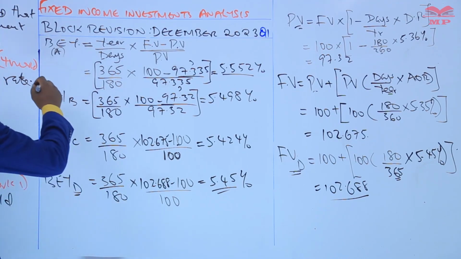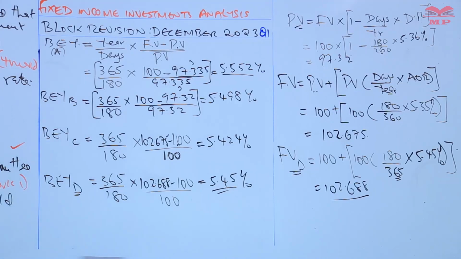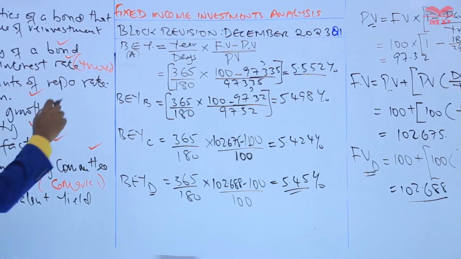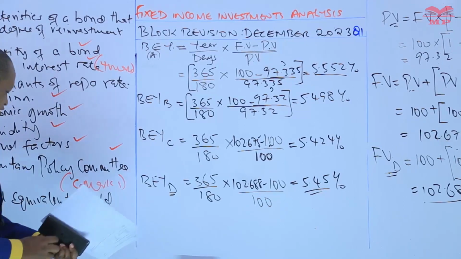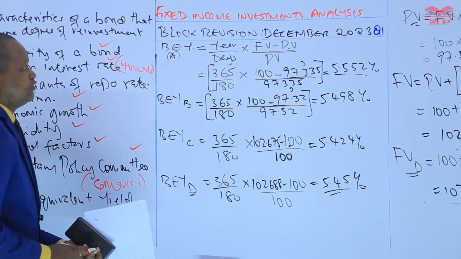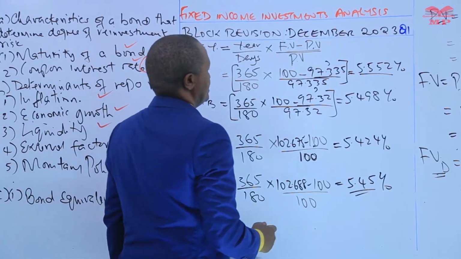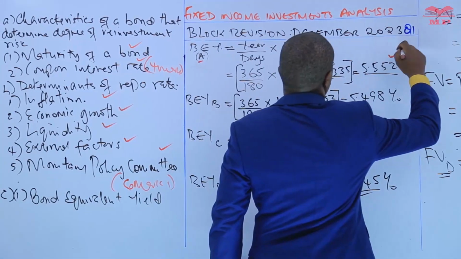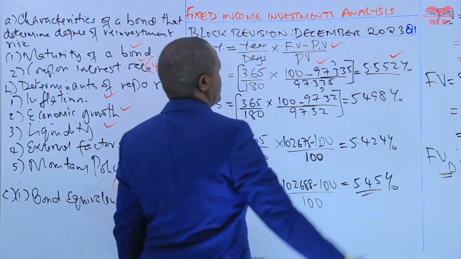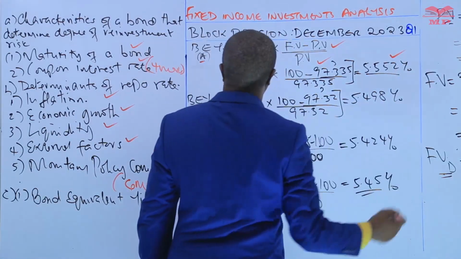This is Roman 1. We've calculated the bond equivalent yield for each instrument. For instrument A, the bond equivalent yield is 5.552%. Those are the workings plus the other workings there.